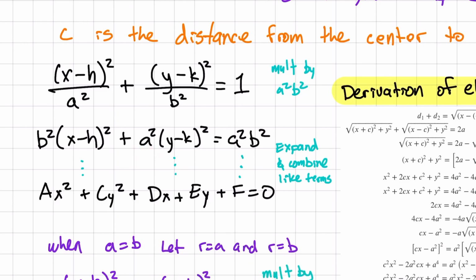And then I could FOIL out these squared binomials, distribute the b squareds and a squareds in, combine like terms, and then we would end up with something in the form of the general form of the ellipse. Now, if I can expand and end up at the general form, that means I can take my general form and complete the square and get to the standard form.